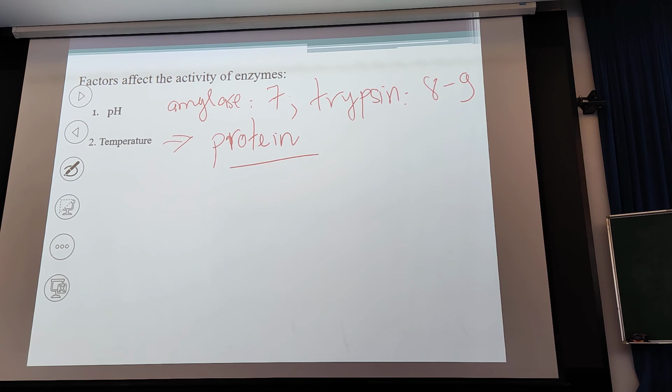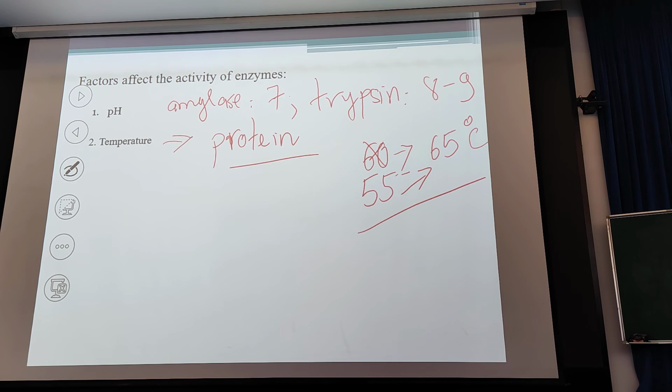I emphasize this part because last week one student asked me why we need to use the Taq polymerase from archaea. Why can we not use a human enzyme to perform the PCR reaction? The PCR reaction has one step where the DNA polymerase works at 50 to 65 degrees.